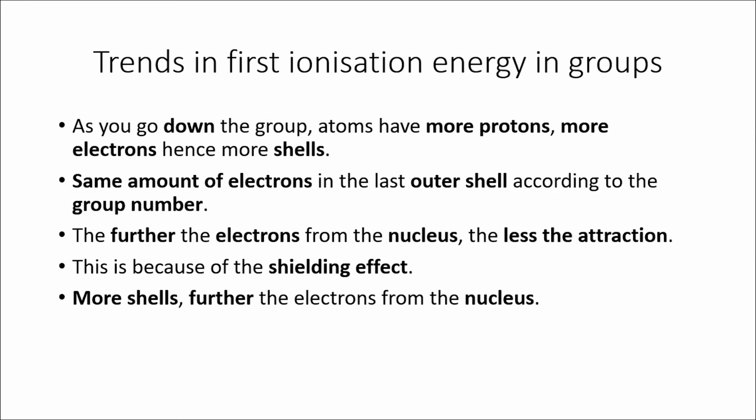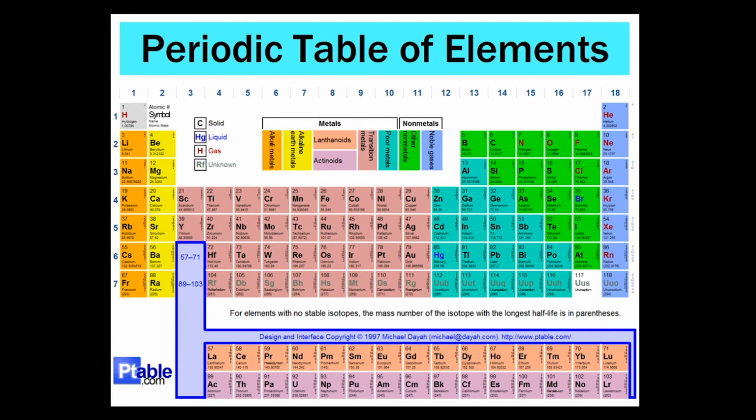Now, next thing I'm going to talk about is the trends in first ionization energy in groups. So you're familiar with groups. There's group 1, there's group 2, 3, 4, 5, until 8, the noble gases.